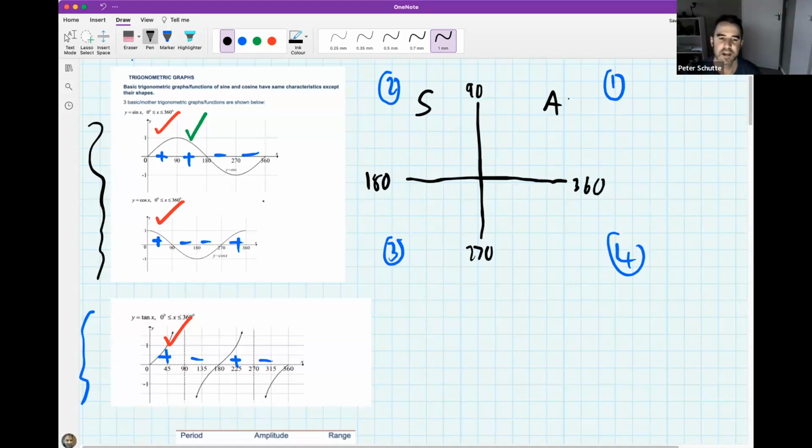Okay, so quadrant 3 is 180 to 270. Sine is negative, cos is negative, but tan is positive. That is over here, and that's why there's a T here, because tan is positive. And then the last one, quadrant 4: sine is negative there, cos is positive, and tan is negative.